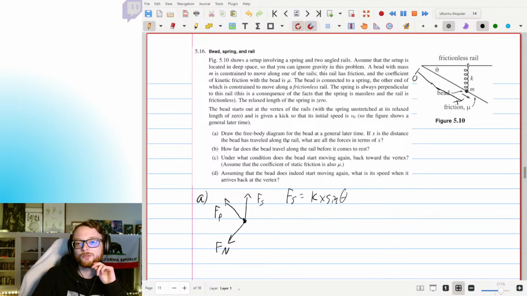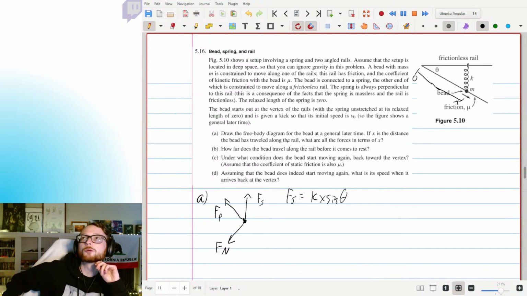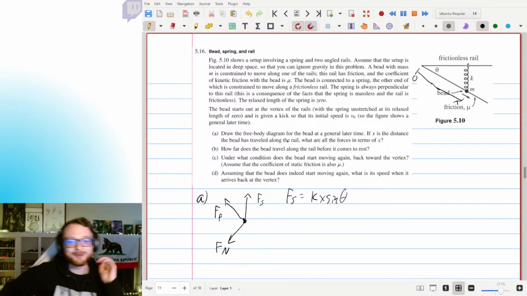The normal force is opposing the spring force. But they're not in the same direction.